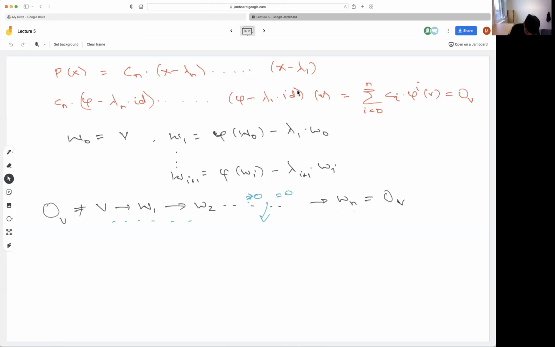Okay, so now let's go back to the first point, such that Wi is not equal to 0, and Wi plus 1 is equal to 0. So the left thing is non-zero, and the definition of Wi plus 1 is phi of Wi. Let me write it here.